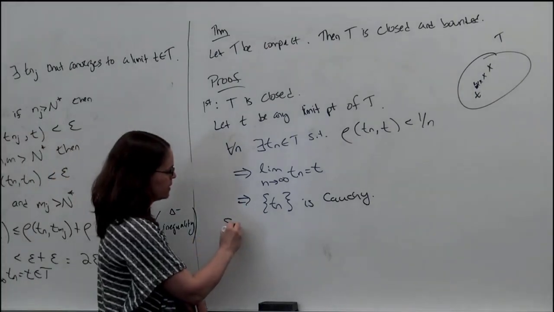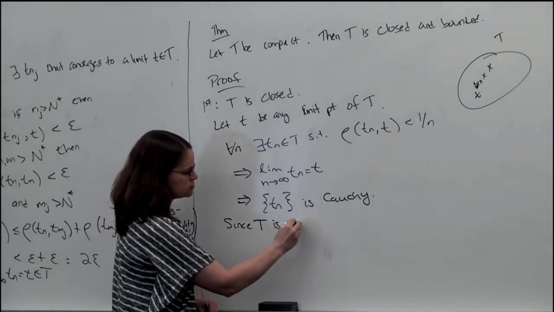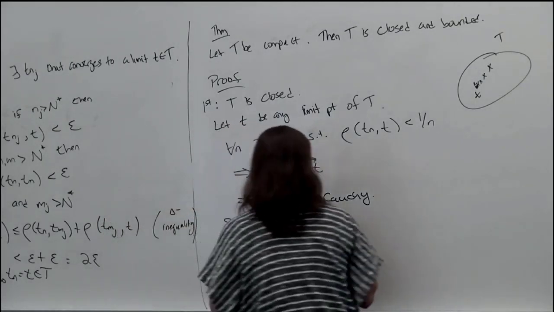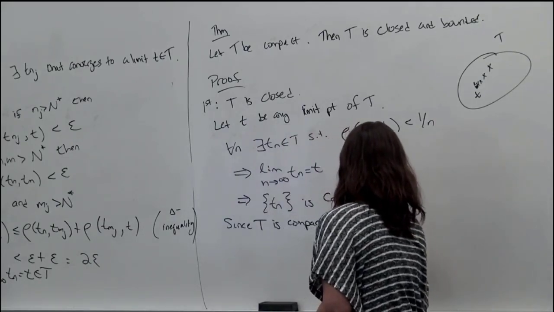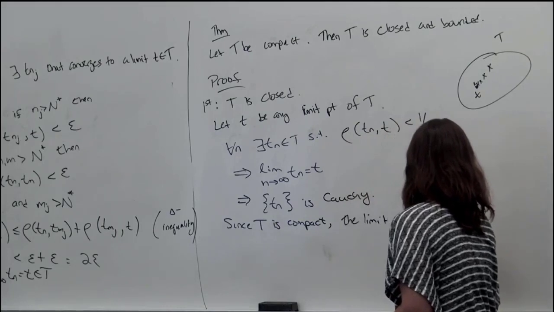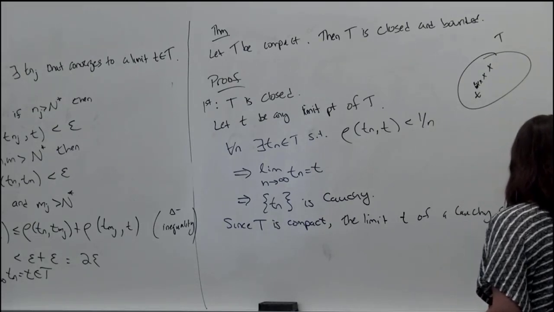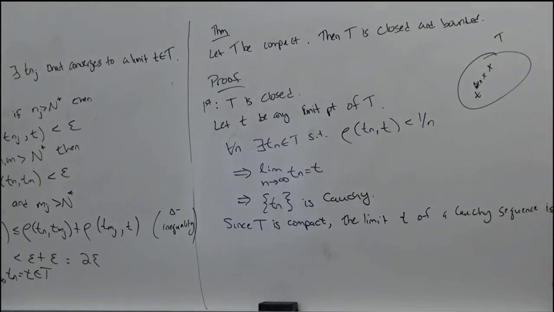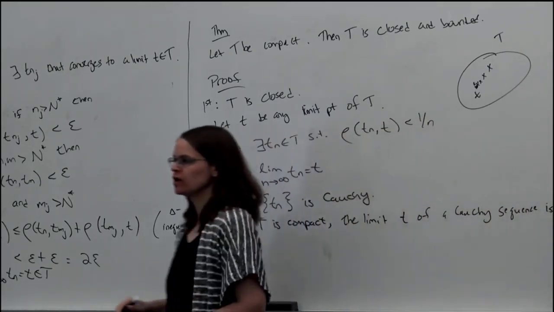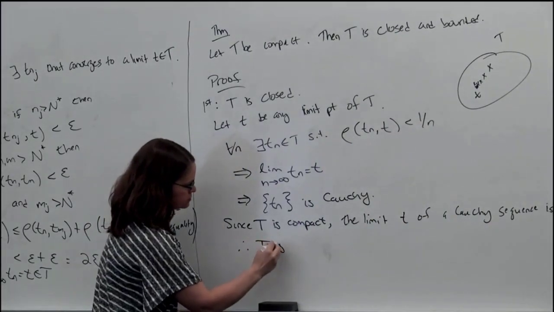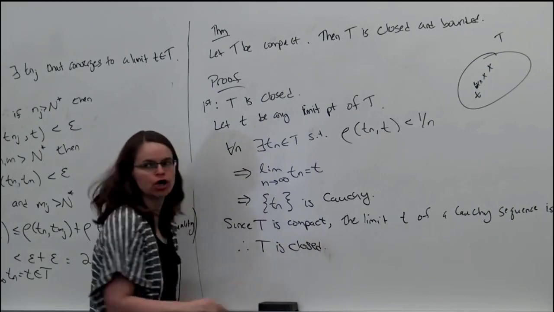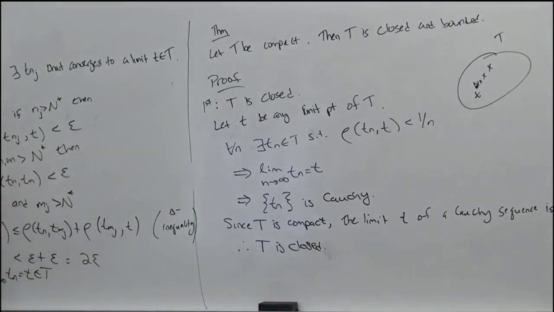So, since T is compact, the limit T of a Cauchy sequence is in our original set. So we've got a closed set. These are the general properties of compact sets. Compact sets are always closed. So again, we can use that. Whatever metric space we have to be in, if we happen to know we have a compact set, we can use that as closed.